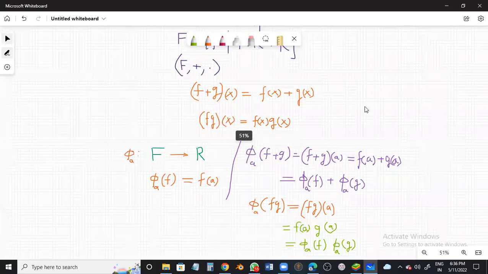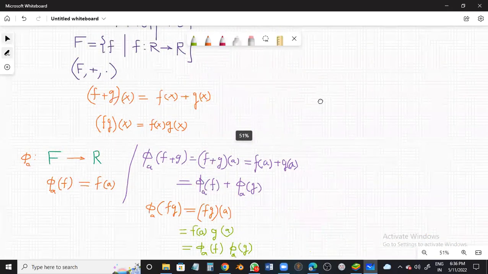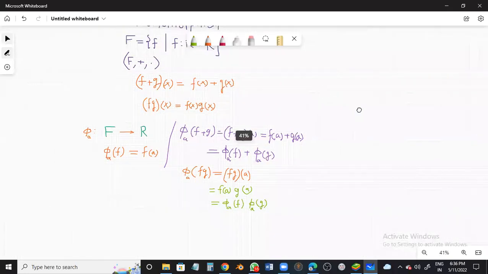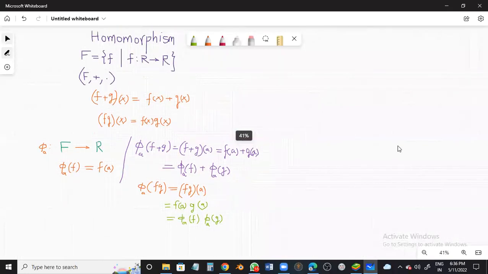If you want, as a question you can write down: show that phi A from capital F to capital R is a ring homomorphism.